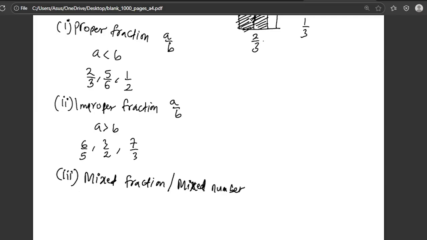For example, 2 and 1 over 2. You can see the whole number part here is 2, and the fractional part is 1 over 2, which is a proper fraction. In that example, if you have 3 whole number 2 over 3, you can see the whole number there, 3, and the fraction there, 2 over 3.